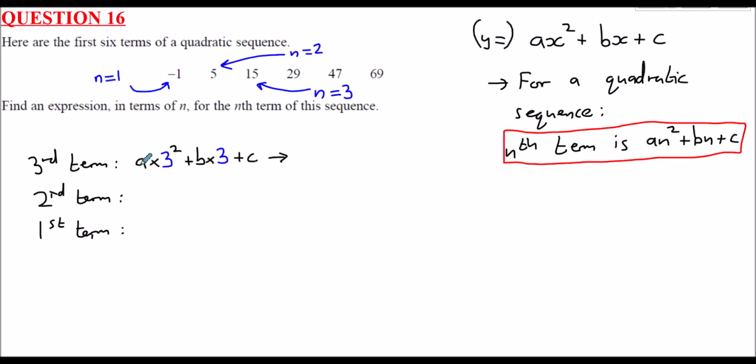So in other words, 3 squared is 9, so that becomes 9a plus 3b plus c. For the second term, when n is 2, the nth term is a multiplied by 2 squared plus b times 2 plus c.